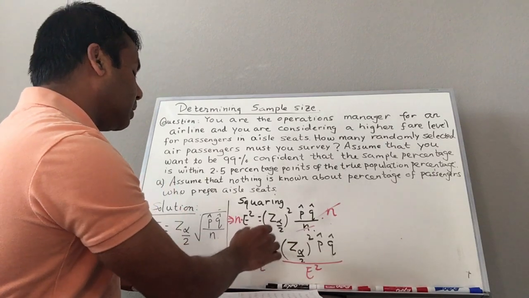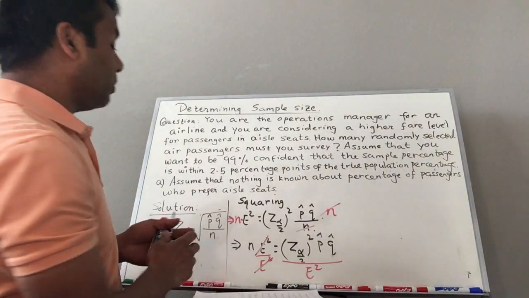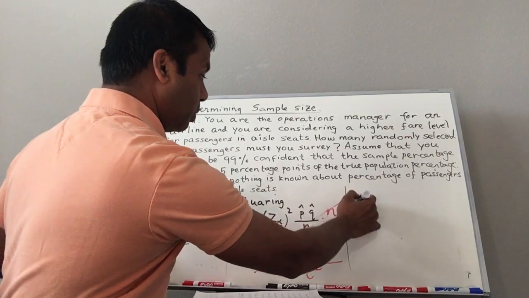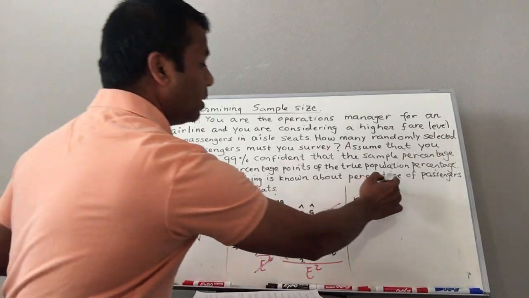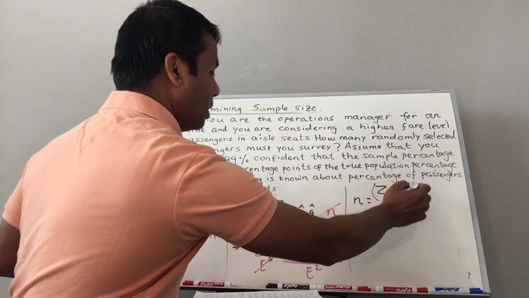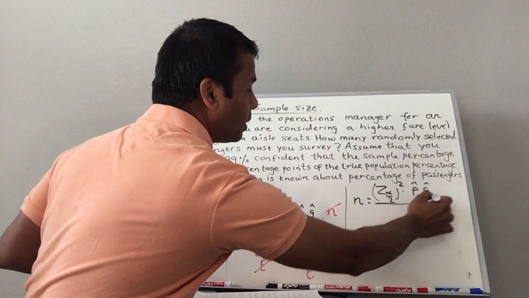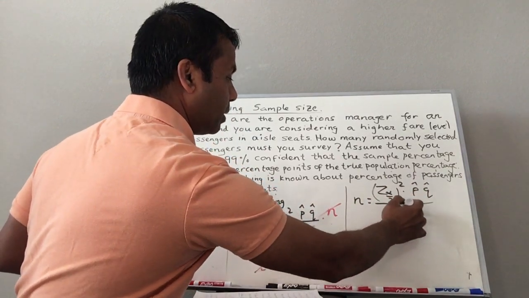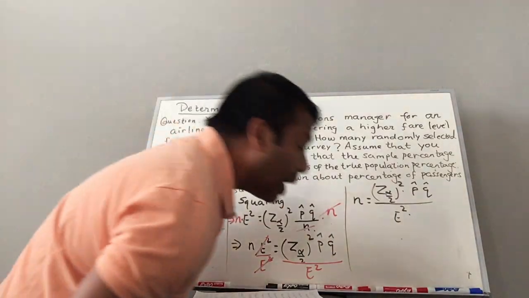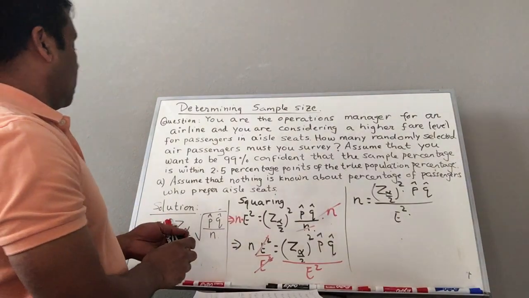So you will end up with n equals z alpha over 2 squared times p hat times q hat over E squared. Now this is the formula to find the sample size.